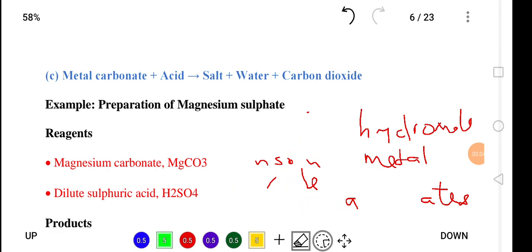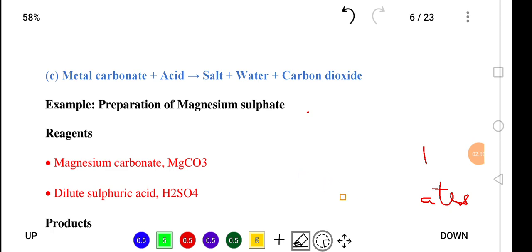Now, you need to recall that I explained why metal carbonates are used in reactions.